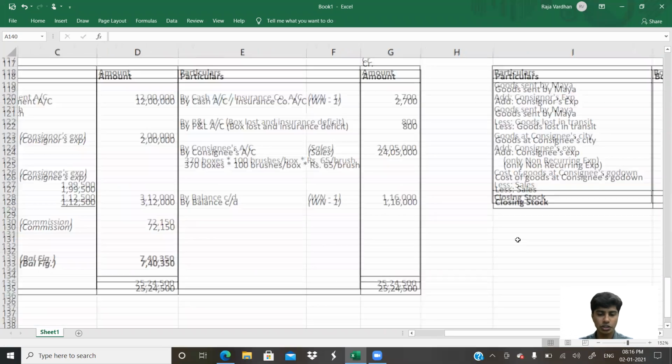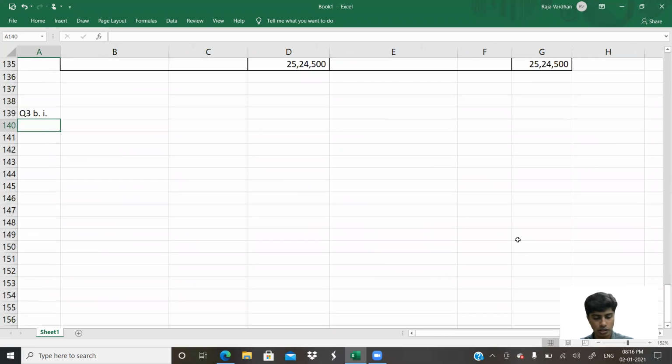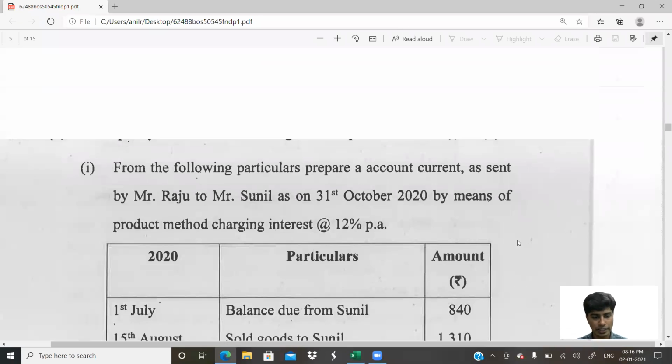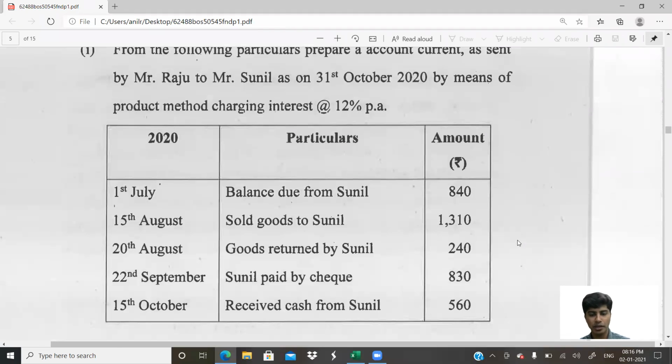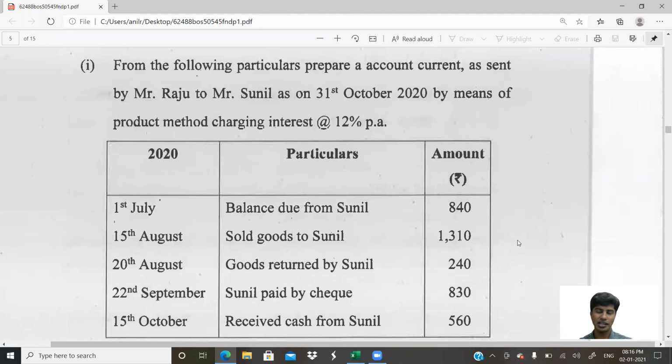So we're doing this question on account current. Account current is just like any other account. We just prepare an account with the help of the usual ledger principle that we follow. However, along with it, we would have to compute the interest. Interest is our ultimate objective. And later, once we add the interest to the normal amount payable or receivable, we identify the ultimate amount payable or receivable.